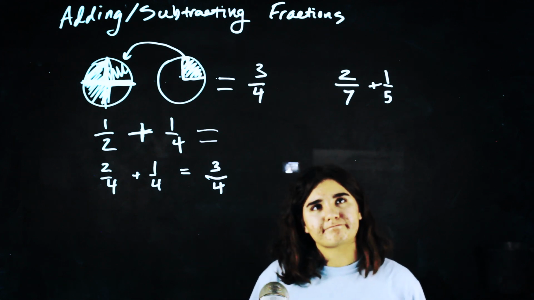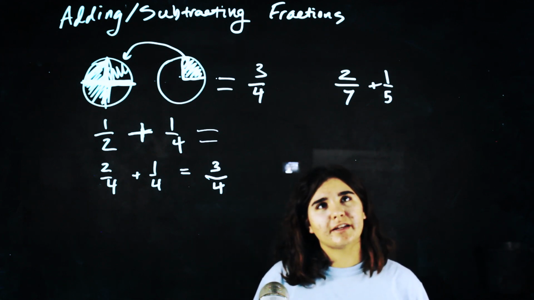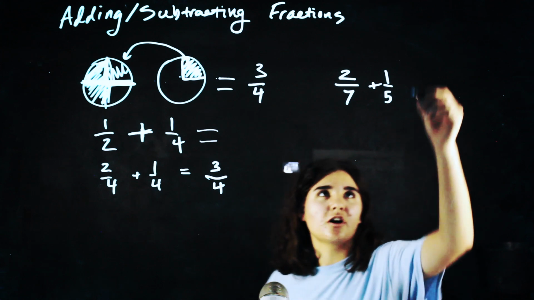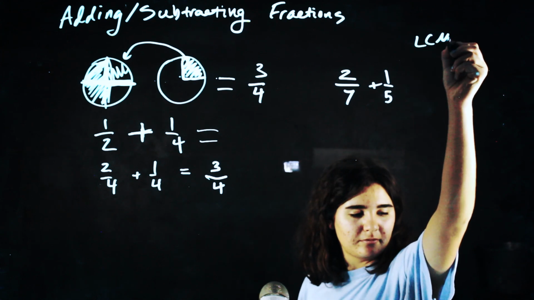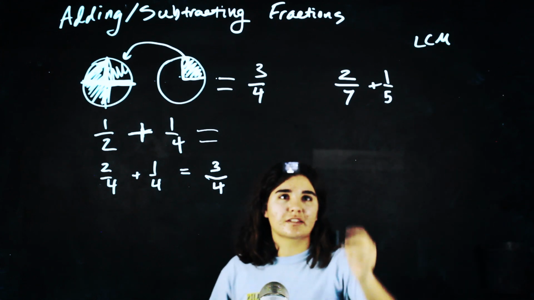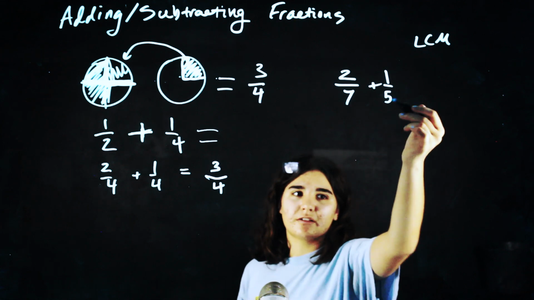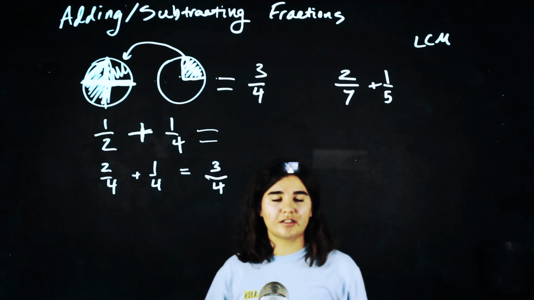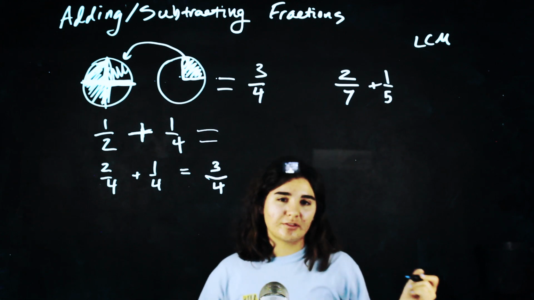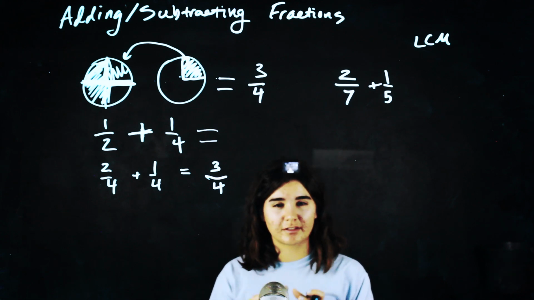Well, you can find the least common multiple of the denominators, 7 and 5. And in this case, the least common multiple is going to be 35. And obviously there are other multiples, but that's just the least common multiple.